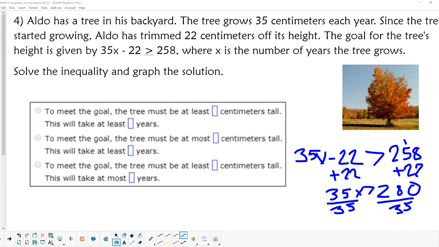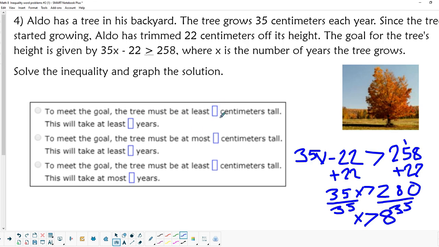So 280. Now you probably can't see my calculator, but I'm using a calculator off to the side here. And so 280 divided by 35, I get 8. So I get x is greater than or equal to 8 years.